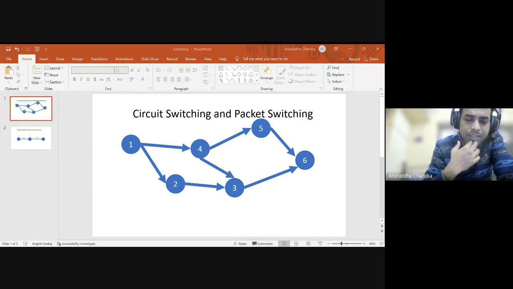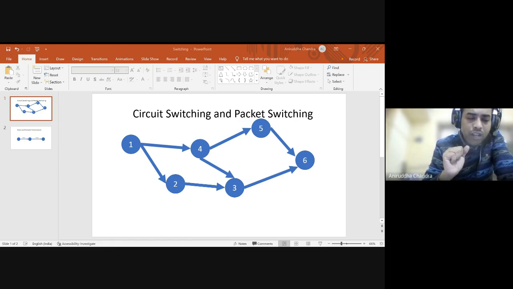Well, I probably described a little why there is the need of switching. The idea is, suppose the head of the mechanical department is trying to call the head of the civil department, and this is a local call, and that call has to go through the telephone exchange inside NIT Durgapur. NIT Durgapur has a telephone exchange. A telephone exchange is something like an intermediate node.